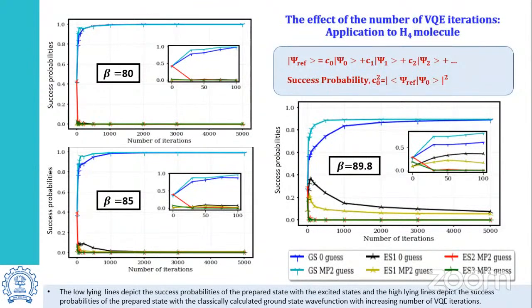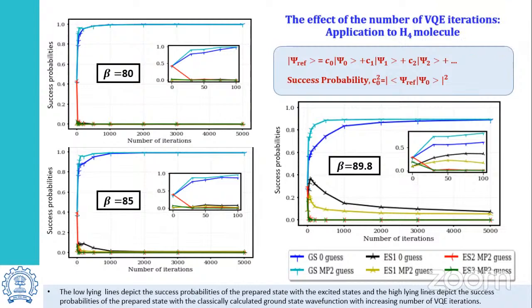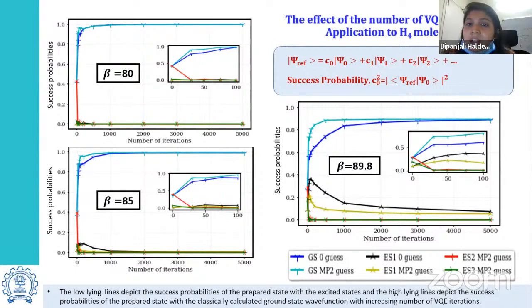I think this simulation was performed by using a state vector simulator. Sorry, I didn't understand your last line, finite number of measurements, to calculate the energy. No, I actually didn't understand what is the meaning of finite number of measurements.